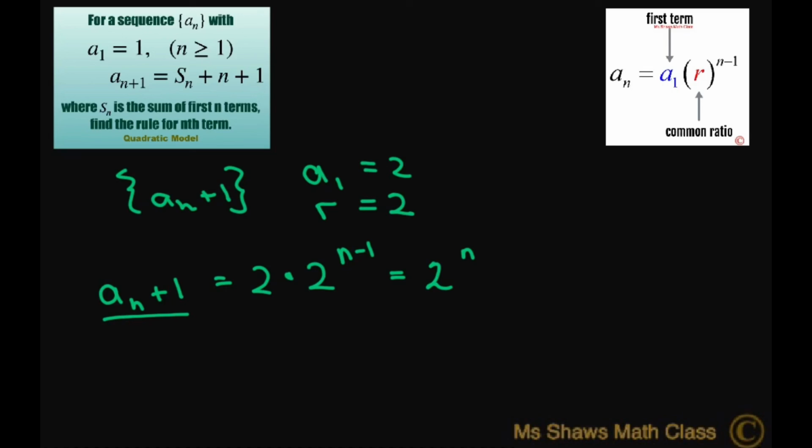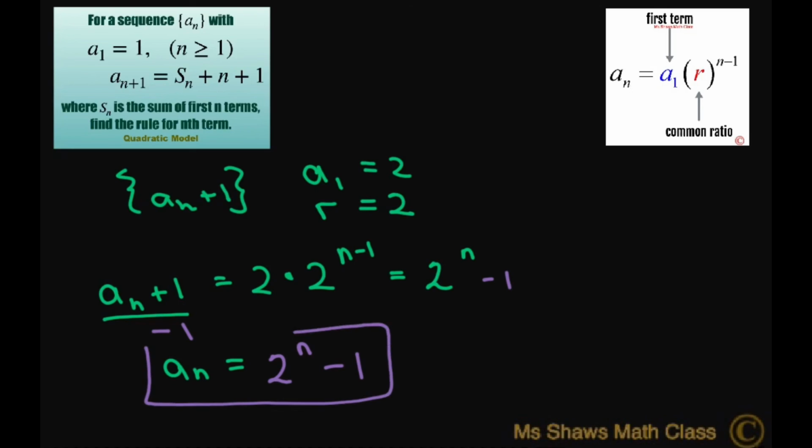Therefore, if you look at a sub n, which is the nth term, and we added 1, so that means what we're going to do is we're going to subtract 1. So this is going to be 2 to the power of n minus 1. And that is your final answer.